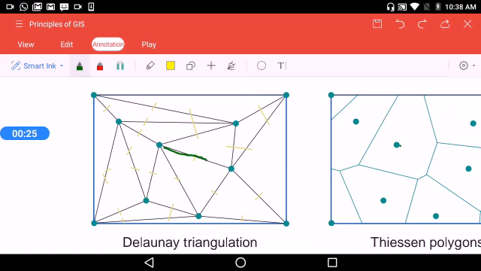So you can see that this is the side of the triangle and this is the perpendicular bisector, and the same thing is repeated for all the sides of all the triangles, and then these perpendicular bisectors are combined to make these polygons, which are shown on the right hand side. So here we have the Thiessen polygon generated.